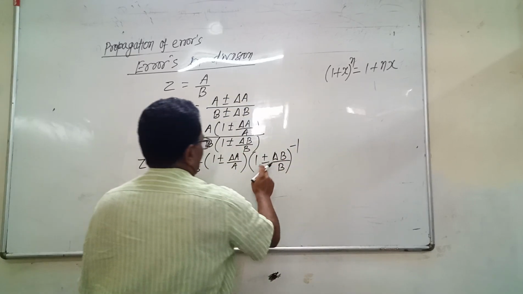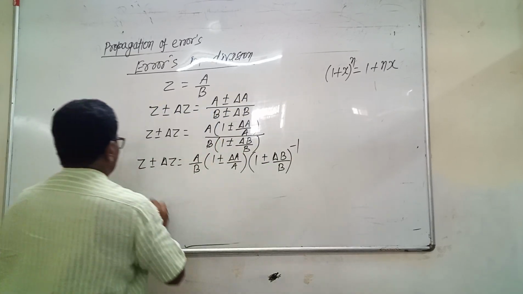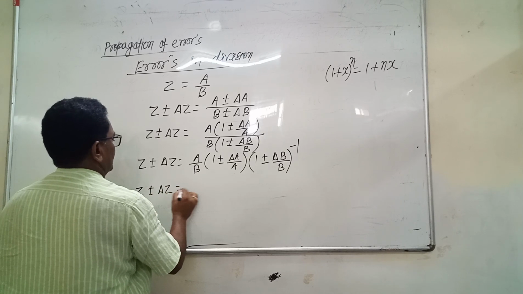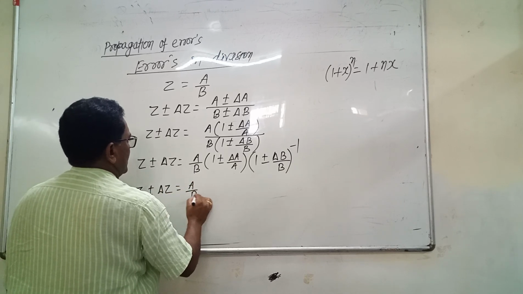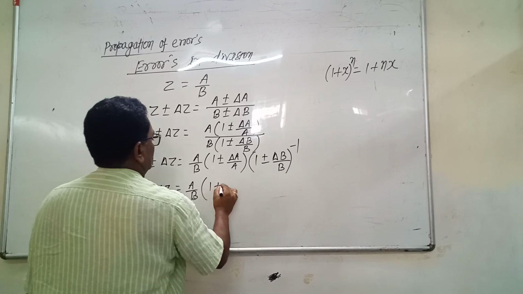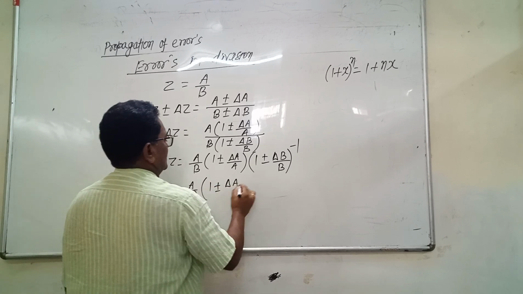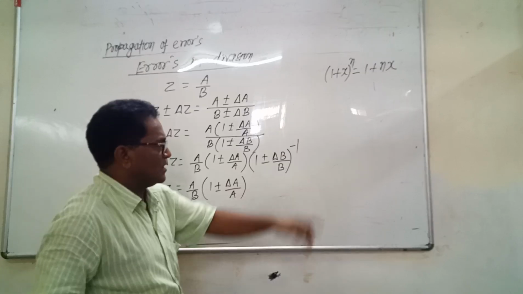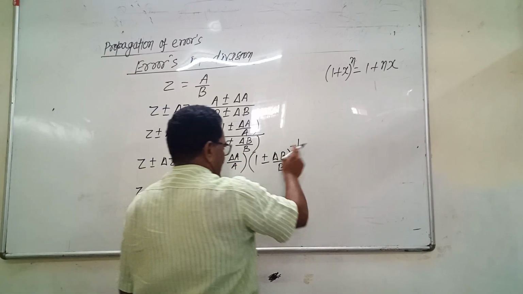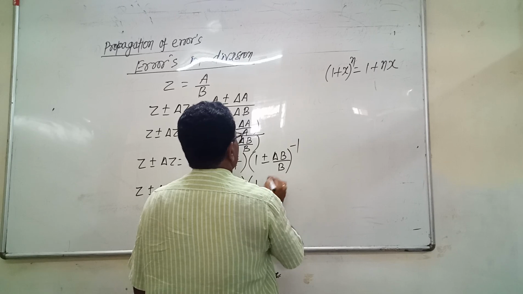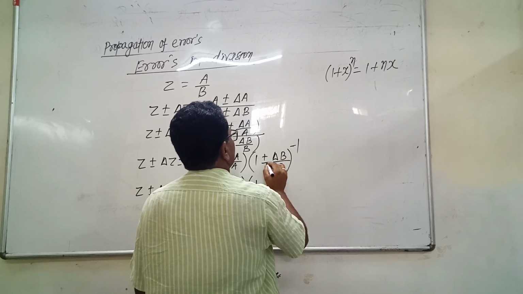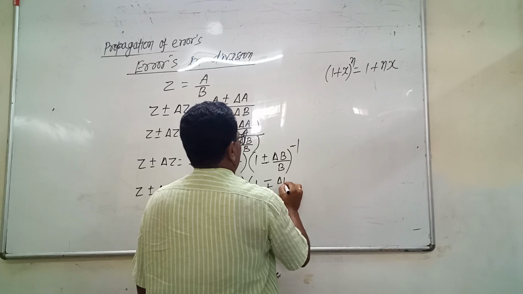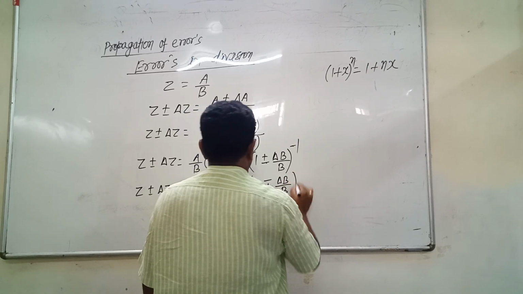So we will expand this on this formula. So Z plus minus delta Z equals A by B times 1 plus minus delta A by A, and this will be expanded on this formula, 1 plus n into x. So we get plus minus minus and minus minus plus, so minus plus delta B by B.